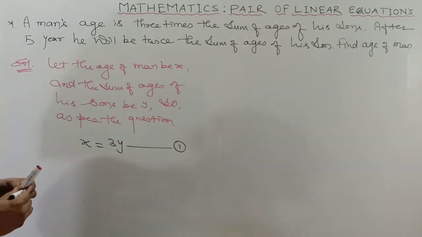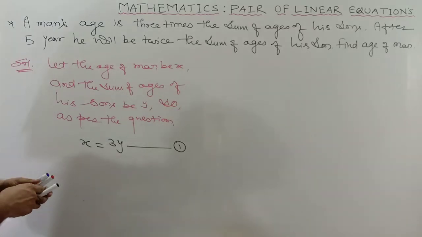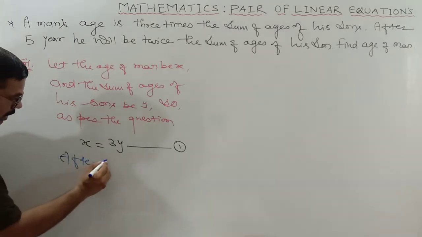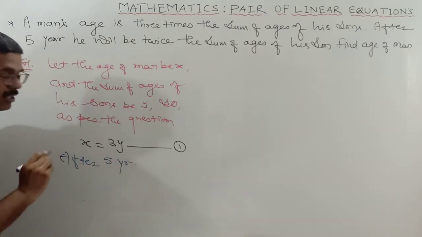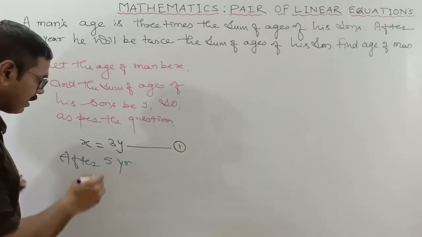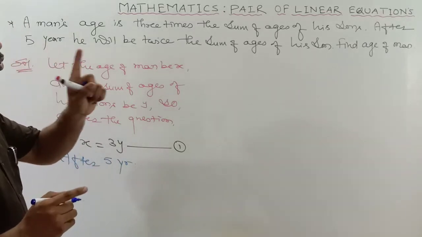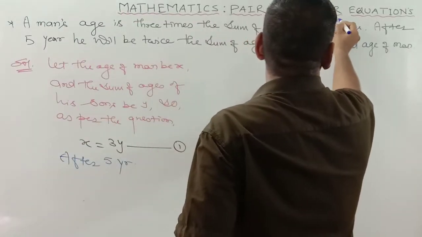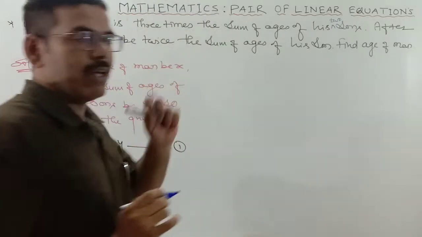Okay, now for equation number 2, after 5 years, very first we need to determine the age of the man after 5 years. Now he has 2 sons. Here I forgot to write that he has 2 sons. That we will have to include.